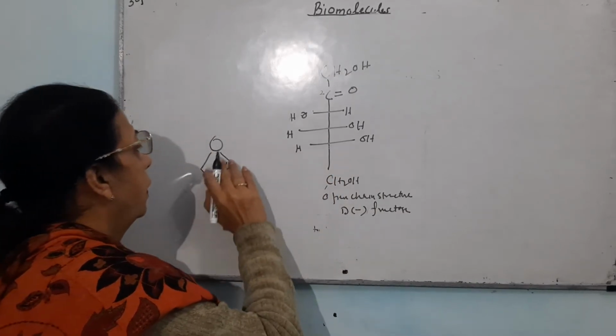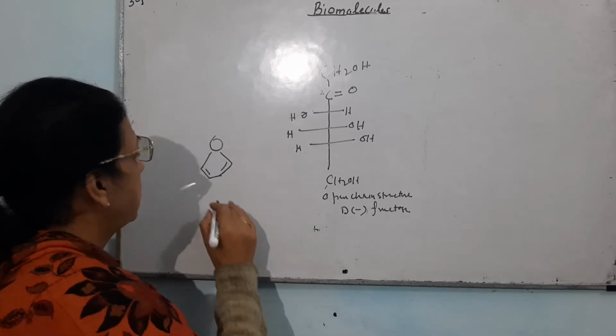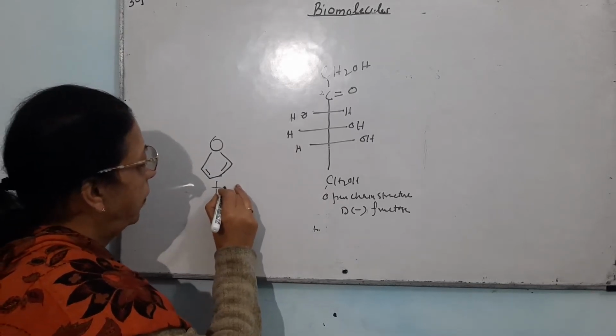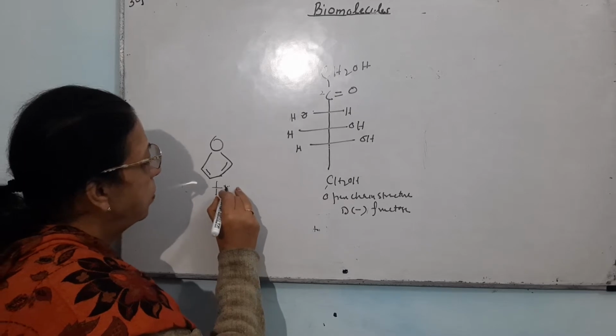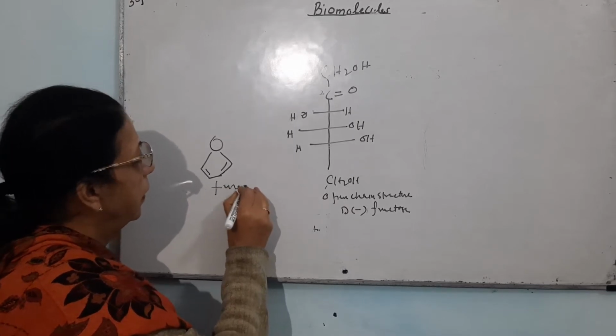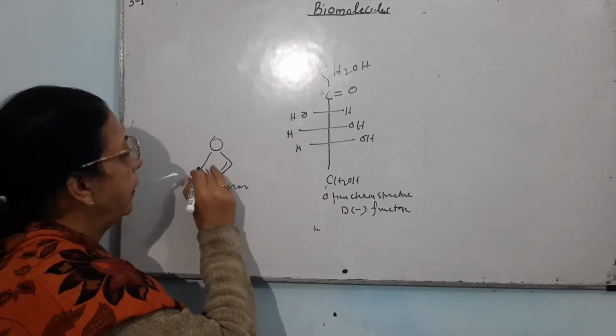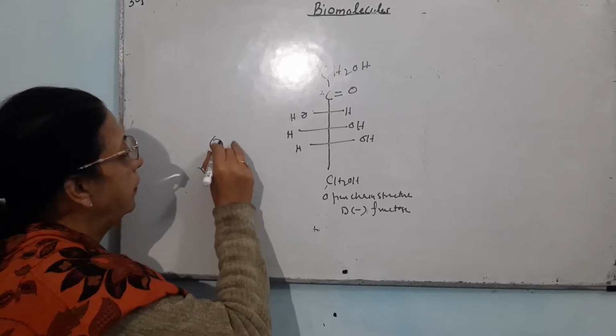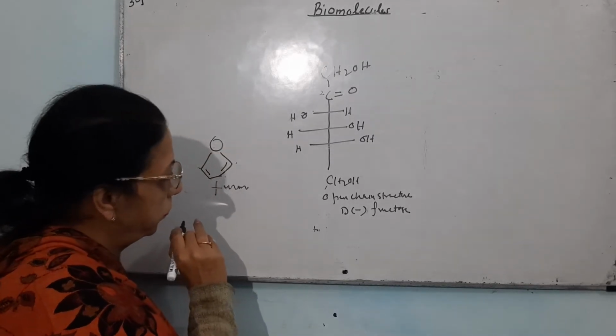Now, this cyclic structure has been taken from a molecule known by the name of furan. It has 4 carbon atoms, 1, 2, 3, 4, and there is an oxygen at the top.